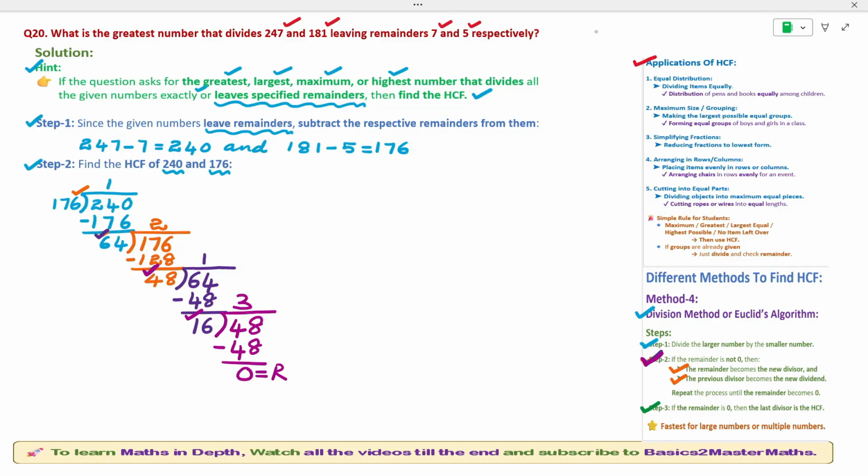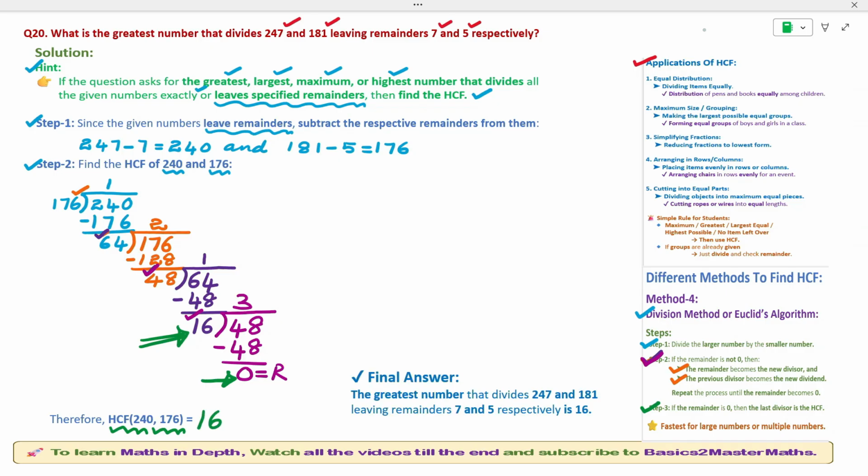Step 3. If the remainder is 0, then the last divisor is the HCF. Therefore, HCF of 240 and 176 is 16.